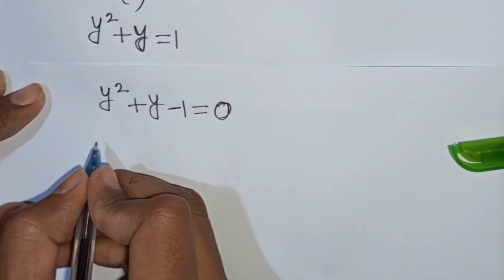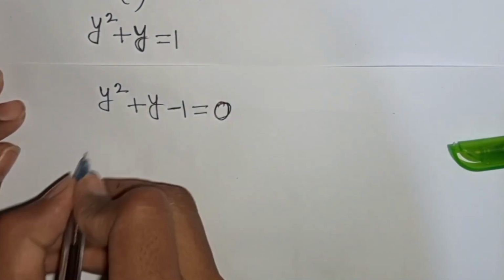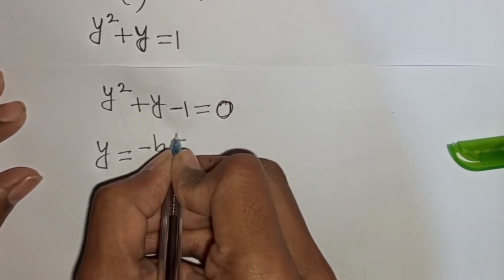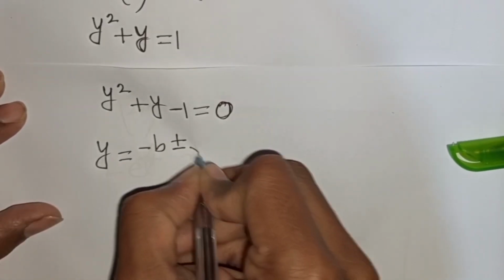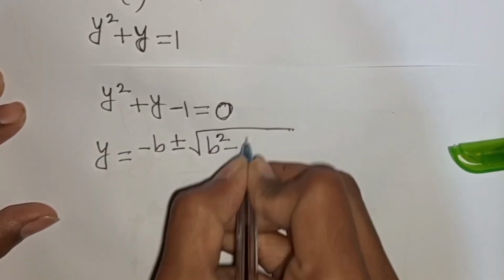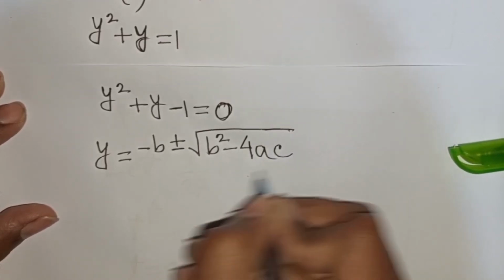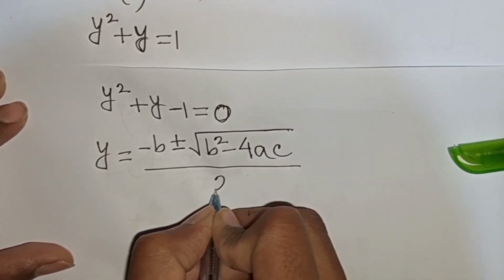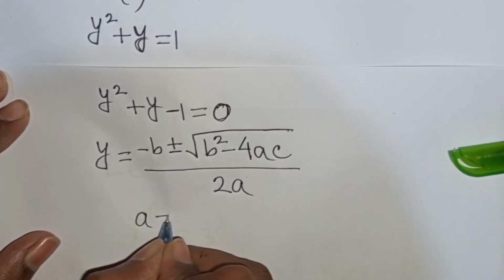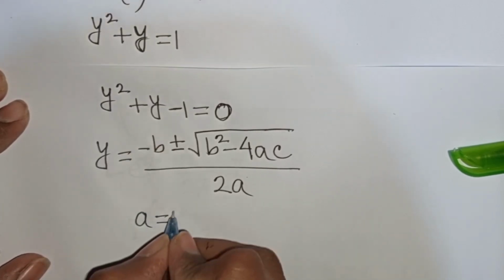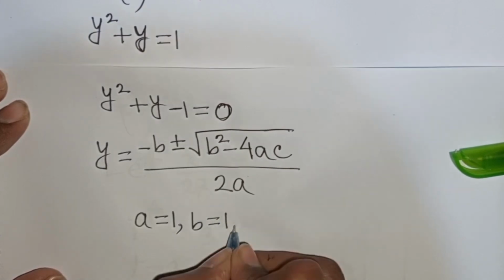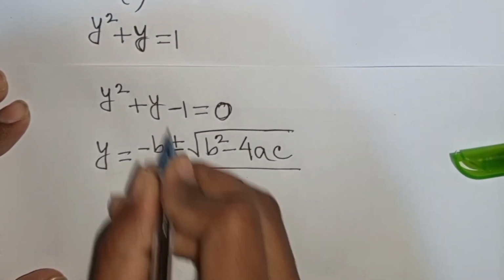Now here you can apply the quadratic formula. So you can write here y is equal to minus b plus or minus square root of b square minus 4ac divided by 2a. Here a will be equal to 1, b will be equal to 1, and c will be equal to minus 1.